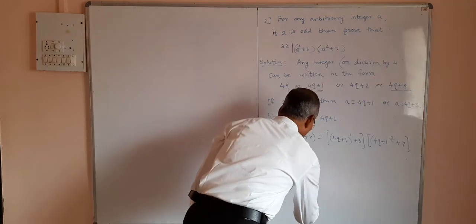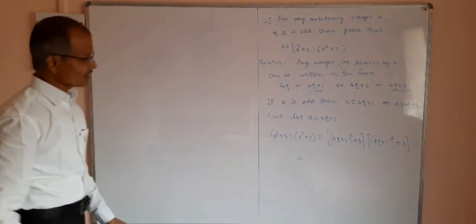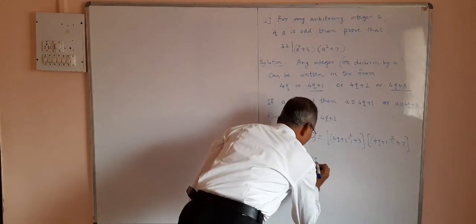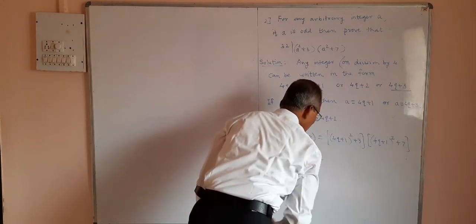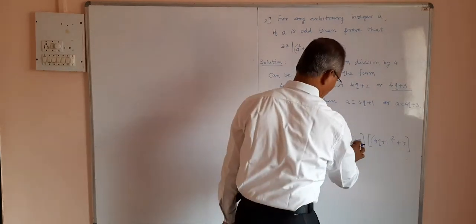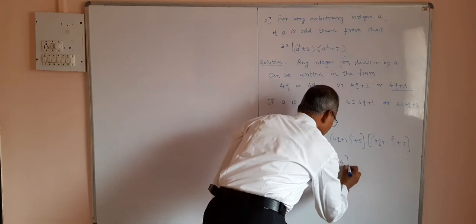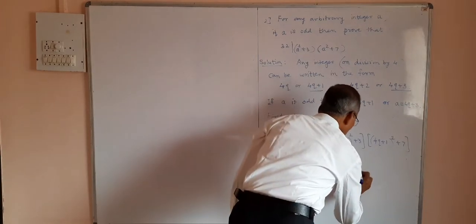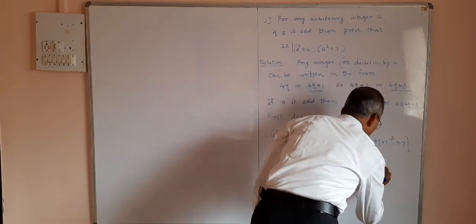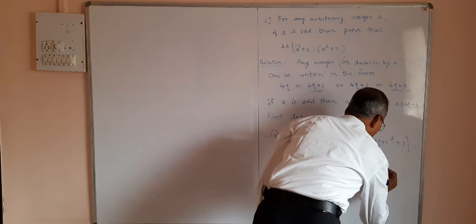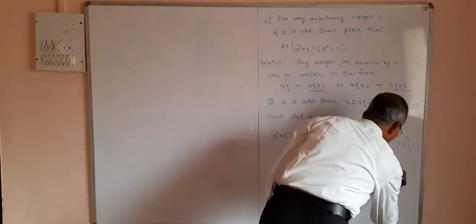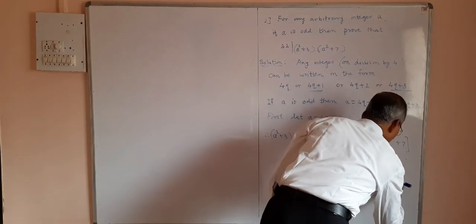Now simplify this arithmetic. The square of 4q plus 1 is 16q square plus 8q plus 1, plus 3, that is plus 4, and here also 16q square plus 8q plus 1 plus 7, which is 8.